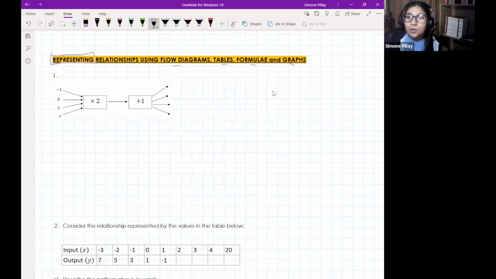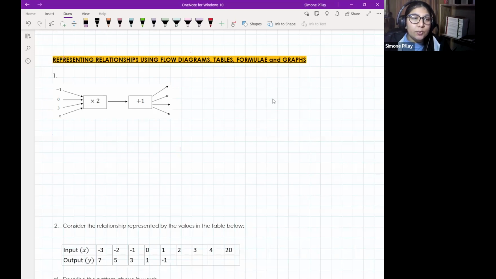So we can represent the same relationship using a flow diagram, table, formula or a graph. By the way, this word over here reads formulae, and it's just a plural of formula. Okay, so that is that on that.